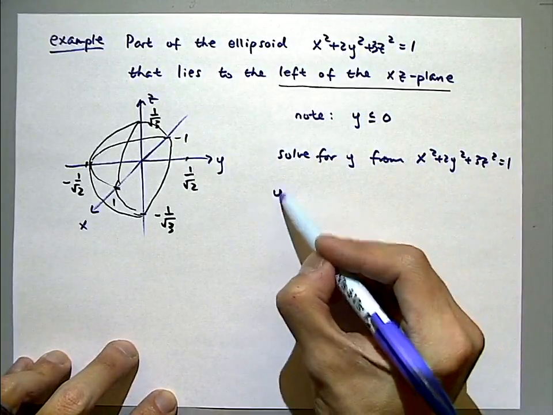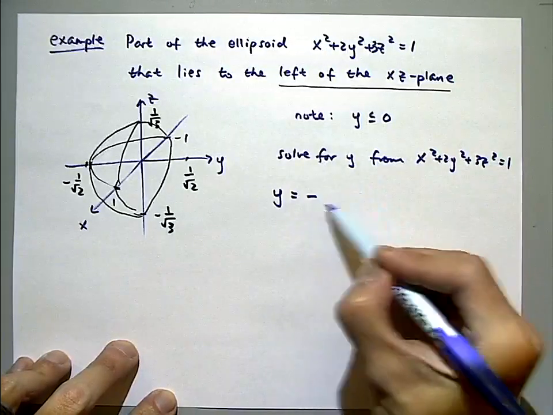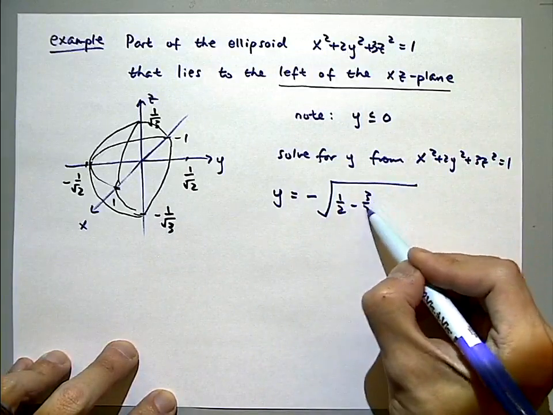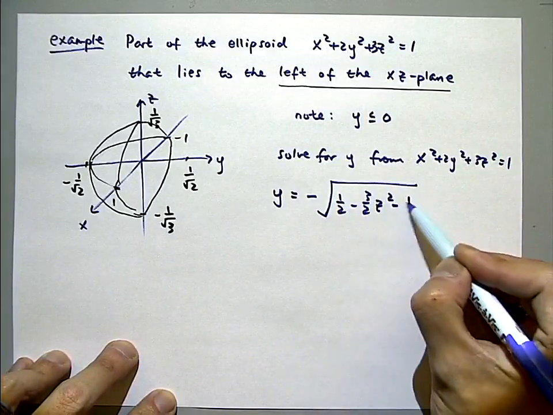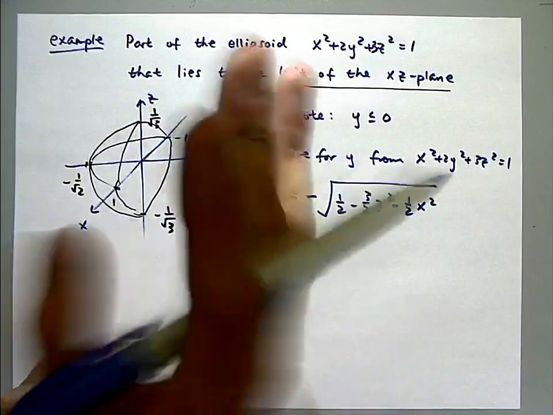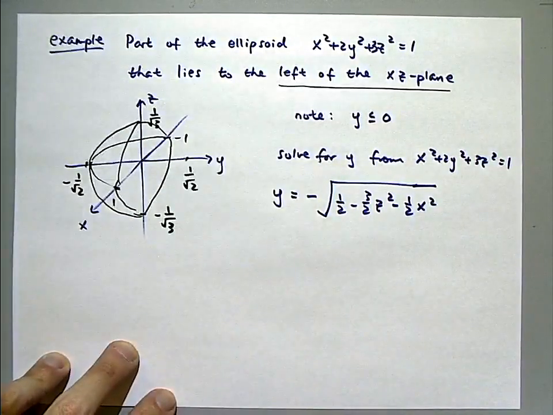And we get y is equal to negative radical 1/2 minus 3 over 2 z squared minus 1 over 2 x squared. And I choose the negative because I want the left half of the ellipsoid.